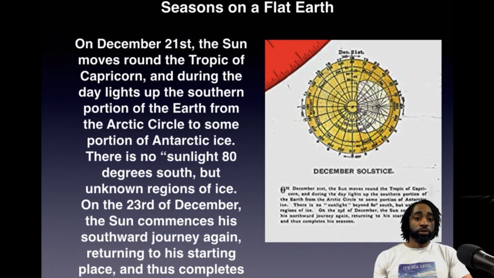On December 21st, the sun moves around the Tropic of Capricorn and during the day lights up the southern portion of the Earth from the Arctic Circle to some portion of Antarctic ice. There is no sunlight 80 degrees south, but unknown regions of ice. On the 23rd of December, the sun commences his southward journey, again returning to his starting place, and thus completes his seasons.